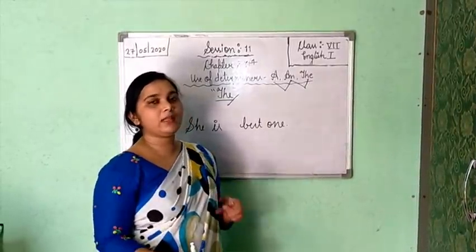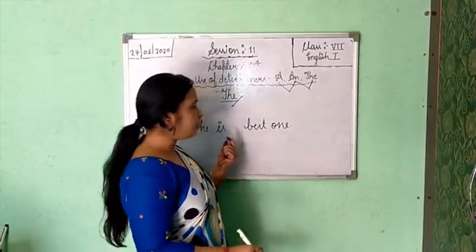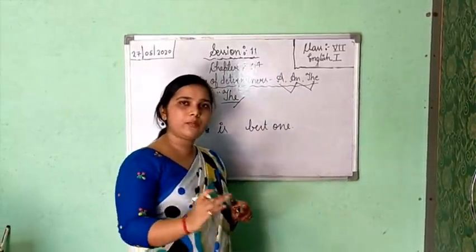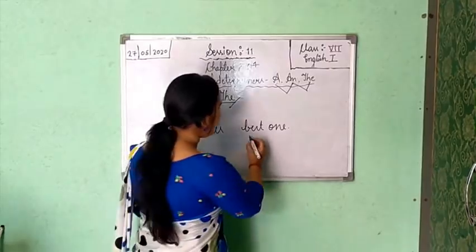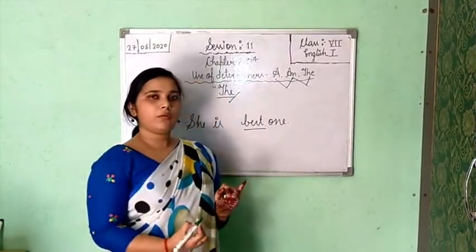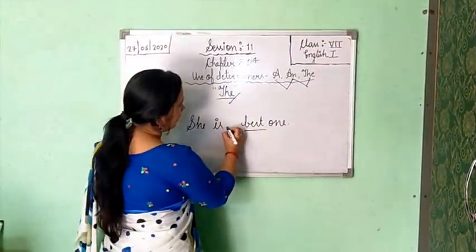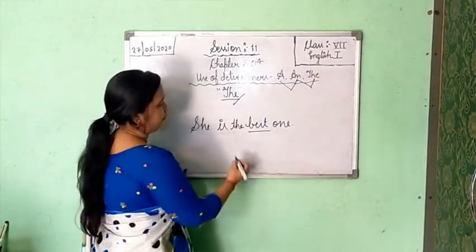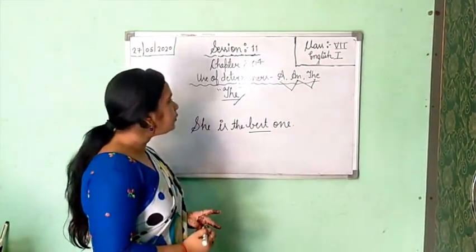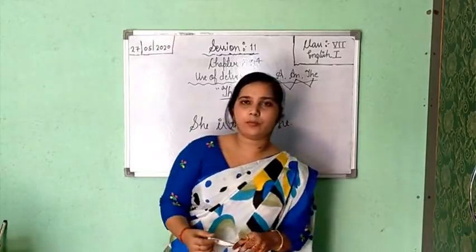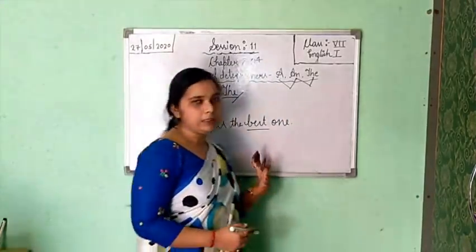But when the comparison is made among more than two, then we are using the superlative. So good, better, best. In the superlative degree we are getting best, so we have to apply the determiner "the". Understood? So before the superlative degree we must apply the determiner "the".